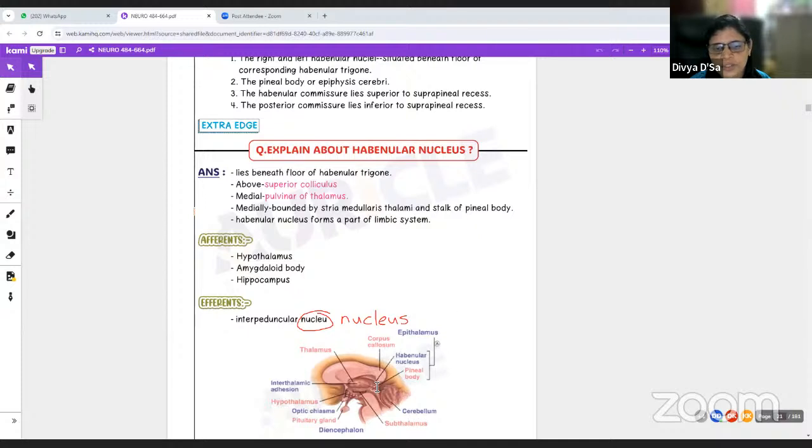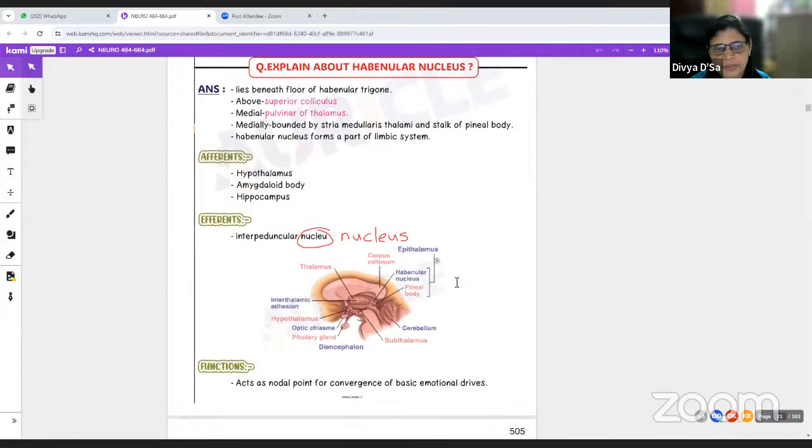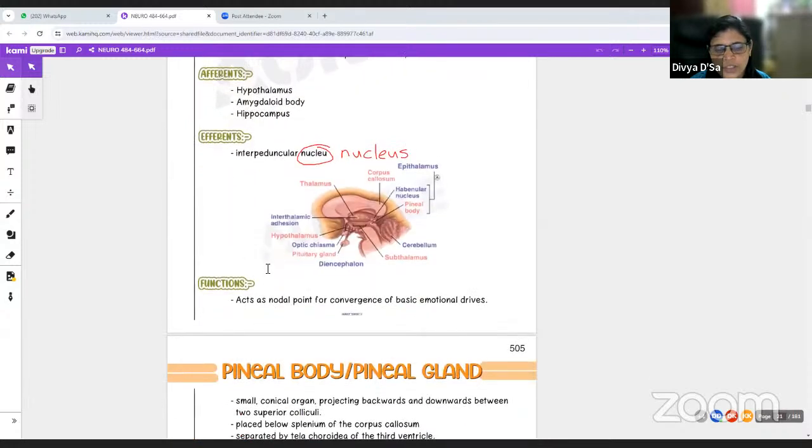The habenular nucleus forms a part of the limbic system. Afferents come from the hypothalamus, amygdaloid body, and hippocampus. Efferents go to the interpeduncular nucleus. Function: it acts as a nodal point for convergence of the basic emotional drives.